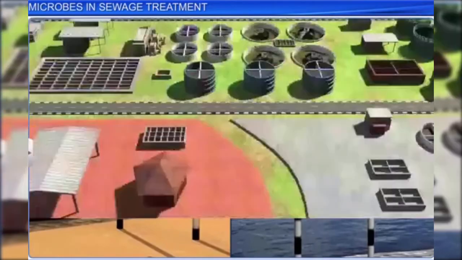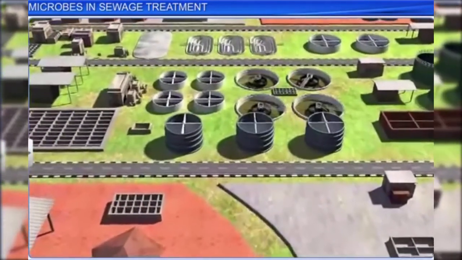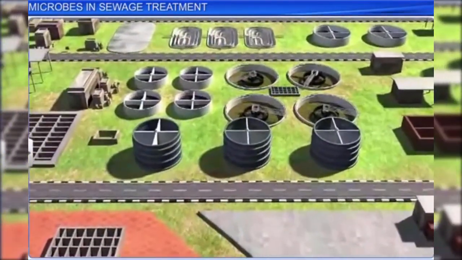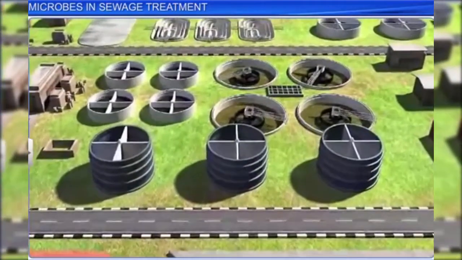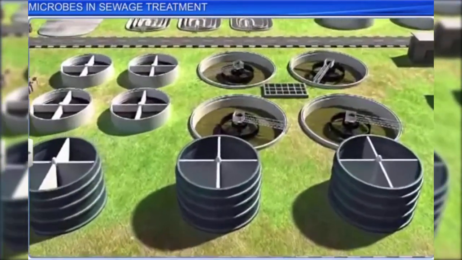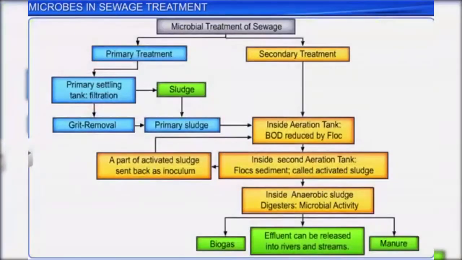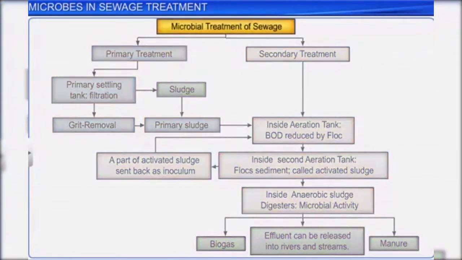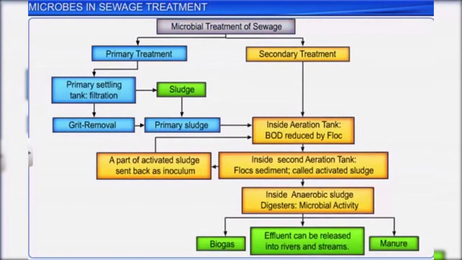In India, microbes are already treating gallons of wastewater inside several sewage plants around the country every day. Let's take a look at how microbes help in sewage treatment. Microbial treatment of sewage usually takes place in two stages: primary and secondary treatment.